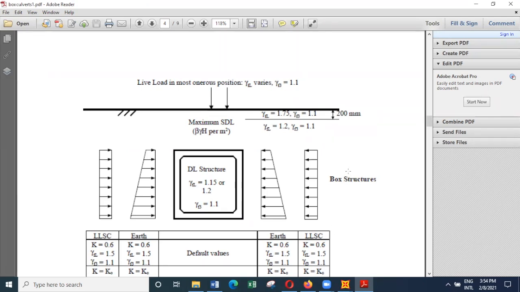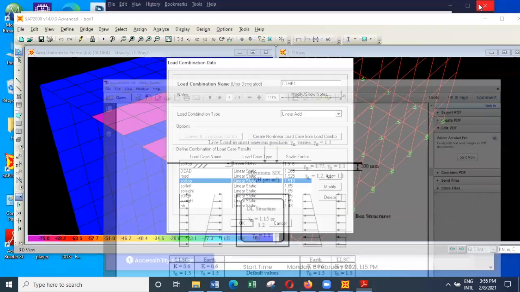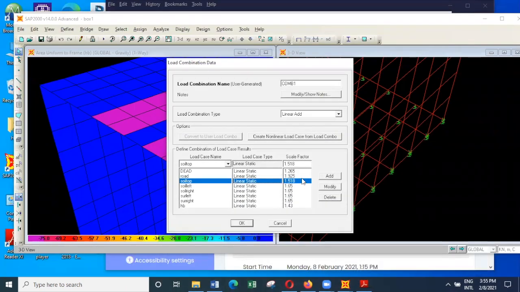So it has a factor of 1.2 multiplied by 1.15 multiplied by 1.1. Yeah, that's how you get 1.518. And so here you can see, 1.2 multiplied by 1.5 multiplied by 1.1.